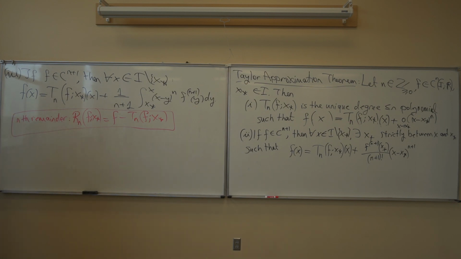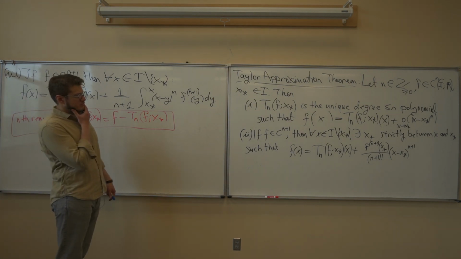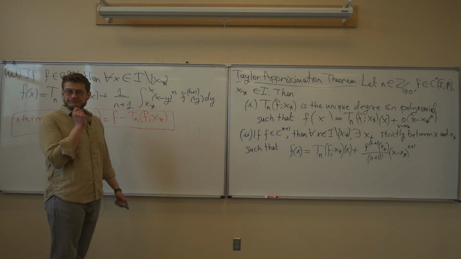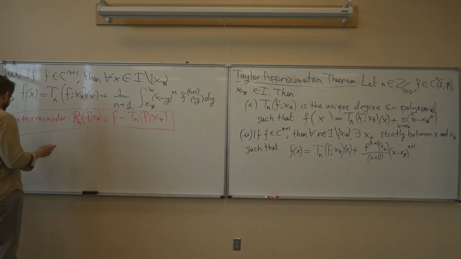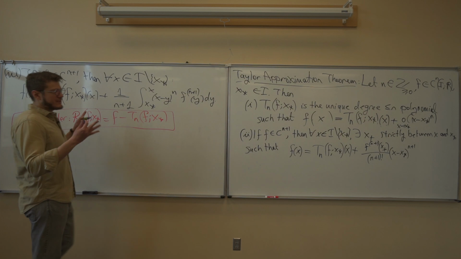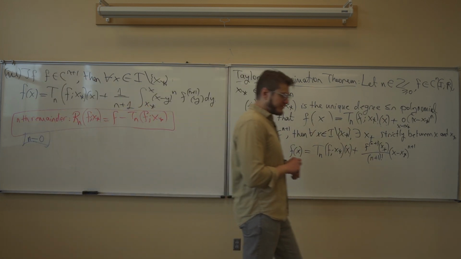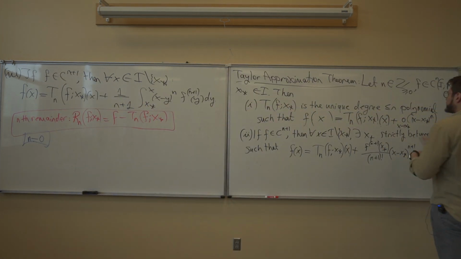Now, this is a lot to digest, so let's try to parse this. If I fix n equals 0, so I have a continuous function, C0. When you encounter statements like this, you want to fix the variables so that the statement becomes easier to understand.